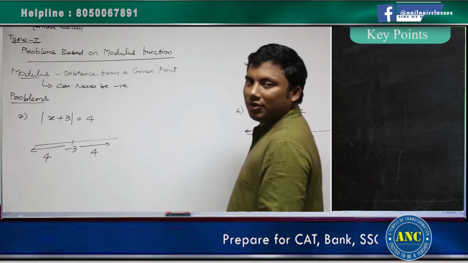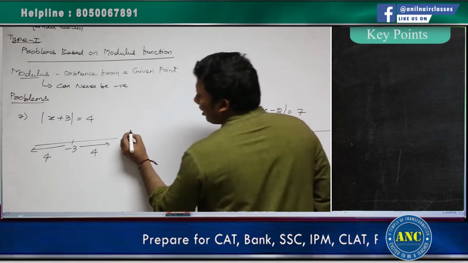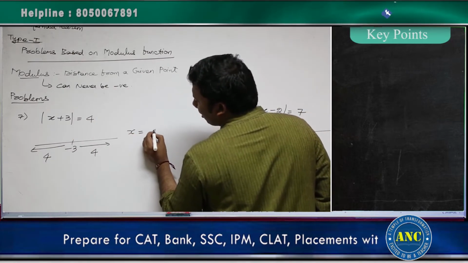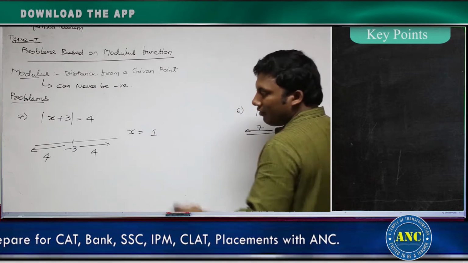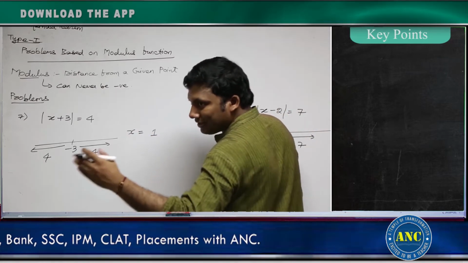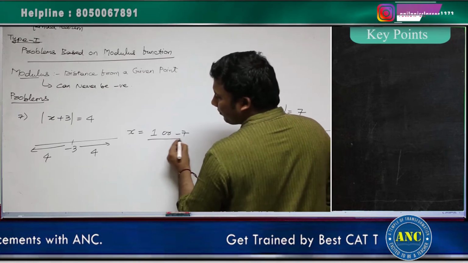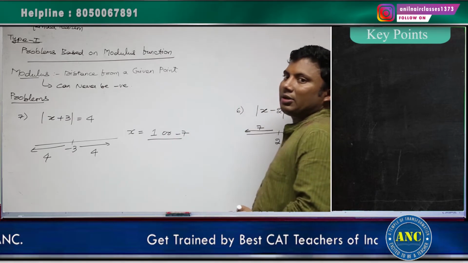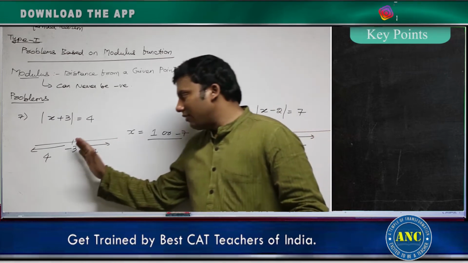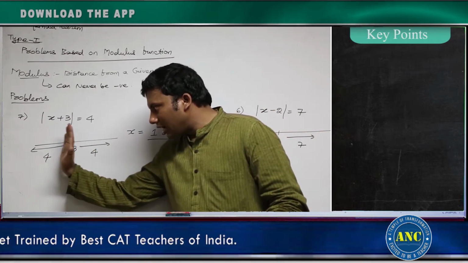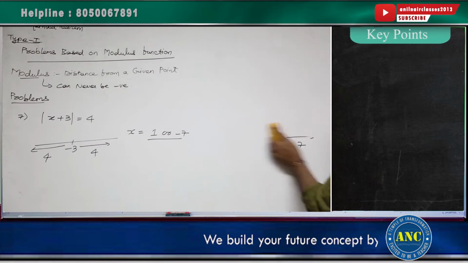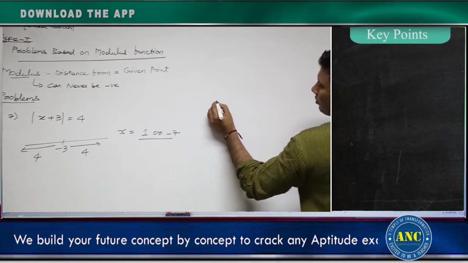If it travels 4 forward, it is 1. If it travels 4 units to the left of minus 3, it is minus 7. So the answer is 1 or minus 7.